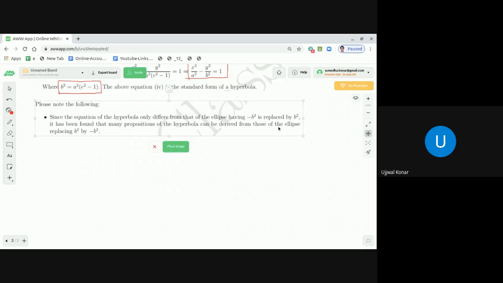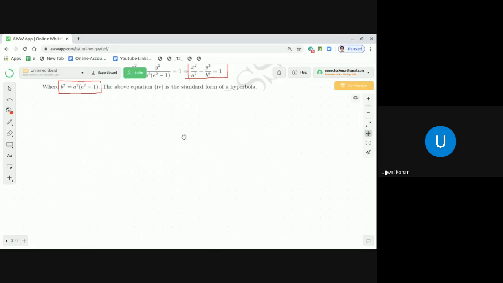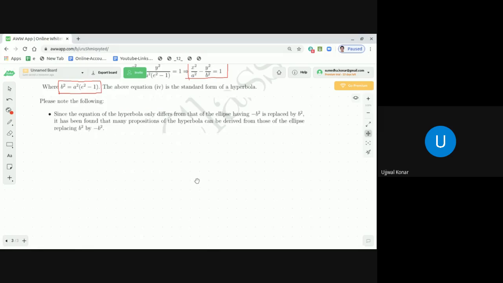Since the equation of the hyperbola only differs from that of the ellipse having minus b square replaced by b square, it has been found that many propositions of the hyperbola can be derived from the ellipse just by replacing b square by minus b square. That's it. As you know, all the attributes and different equations related to the ellipse, in that one you just replace b square by minus b square, and you will get it for the hyperbola.